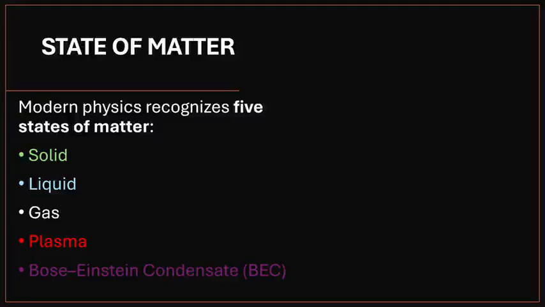It is called Bose-Einstein condensate, known as BEC. If you look at the name, it is written Bose-Einstein. It means that two scientists discovered this state, and the scientists happen to be Bose and Albert Einstein, the famous physicist.